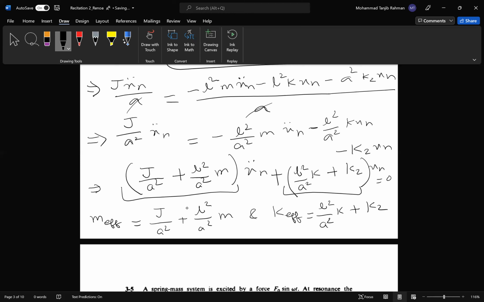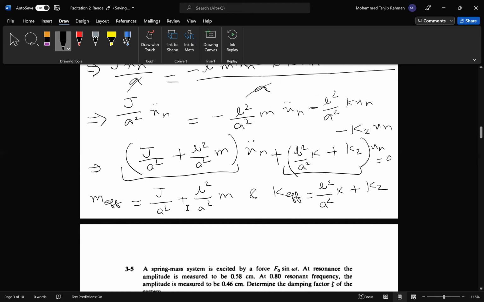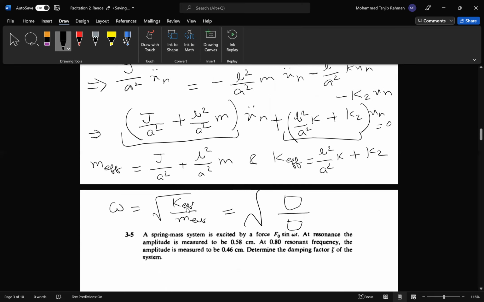Now, if we want to find the natural frequency, we know omega is equal to root over K effective divided by M effective. So you're just going to put the value, and I'm not going to do the calculation anymore. So do any of you have any question about this problem?